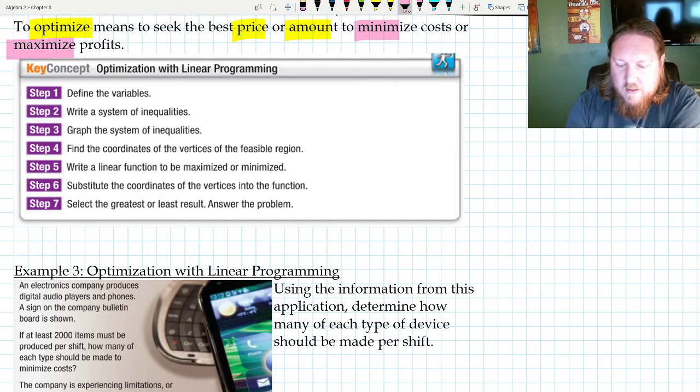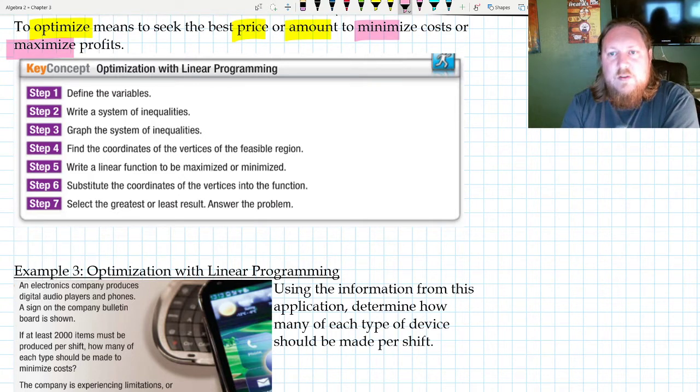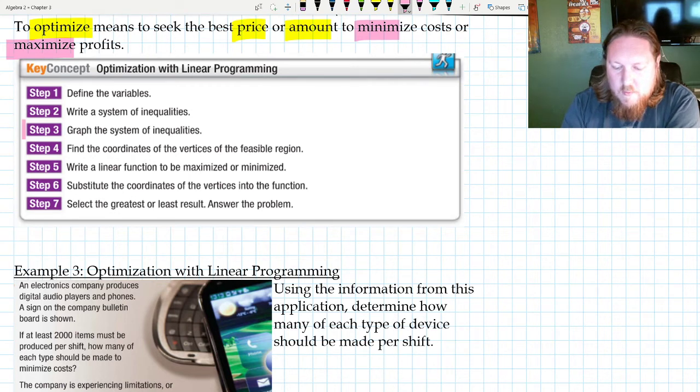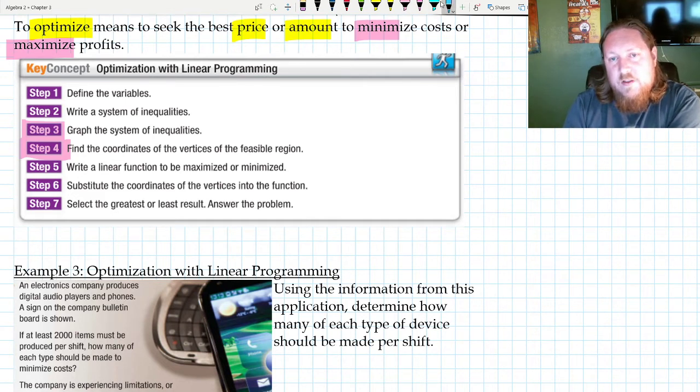They have a big set of steps here. Like all word problems, you got to define the variables, you write your inequalities to go with it. Step three, we've already done that. That is graph the system of inequalities. Find the coordinates of the vertices of the feasible region. We already did that. The thing that we had before was the function was just given to us.